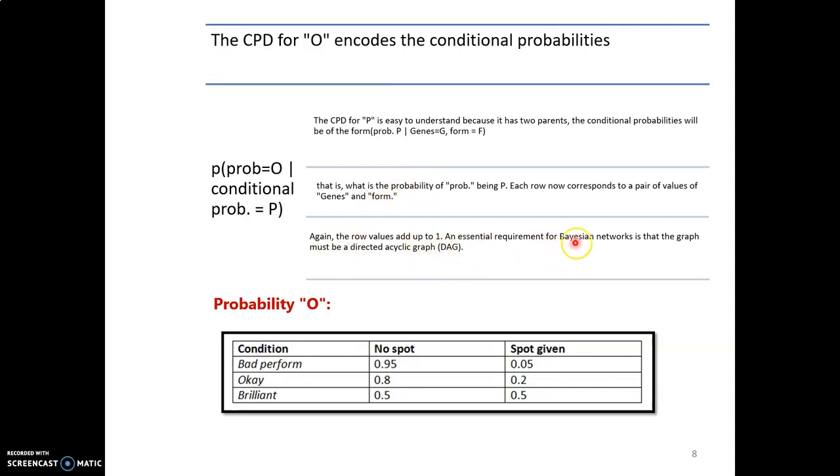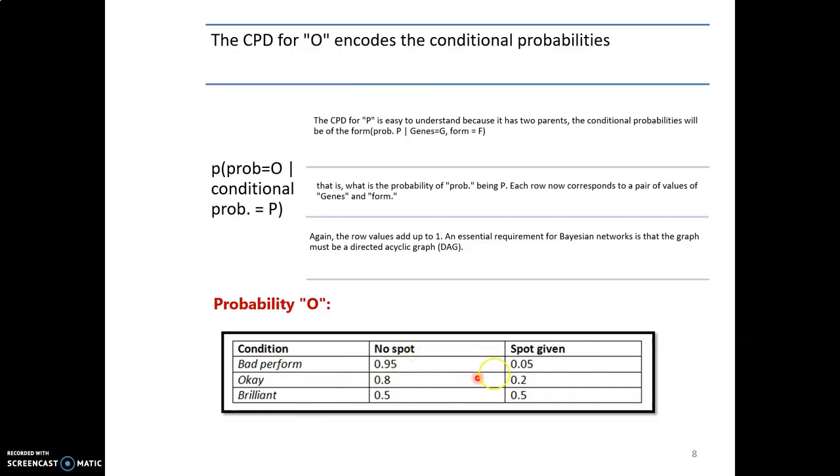An essential requirement of a Bayesian network is that the graph must be a directed acyclic graph, that's the DAG. So here the row values add up to 1. Here see the probability of O. The conditions bad, okay, brilliant for form, the 3 levels we already discussed.